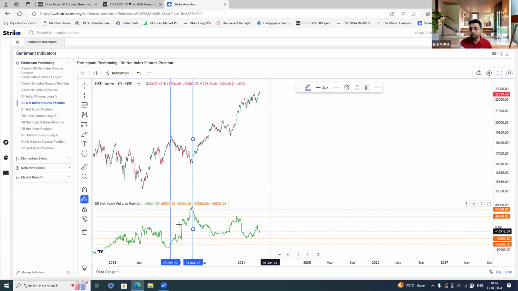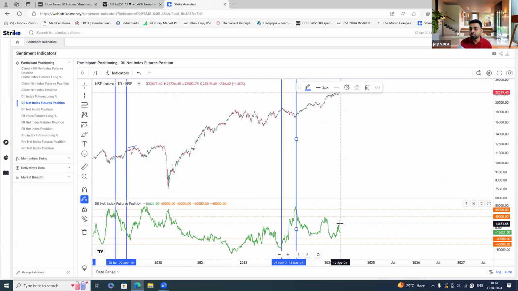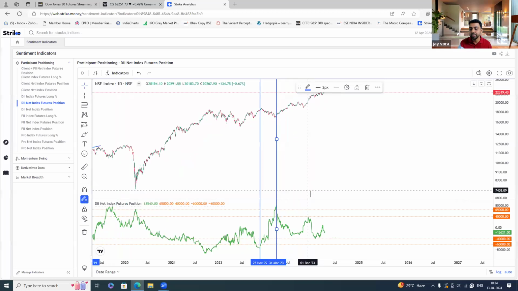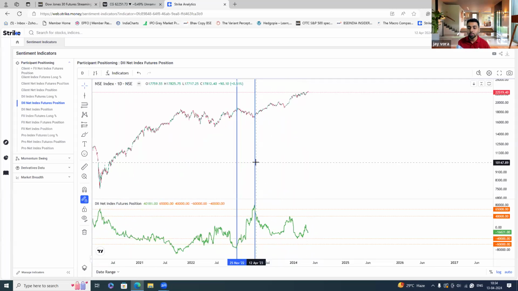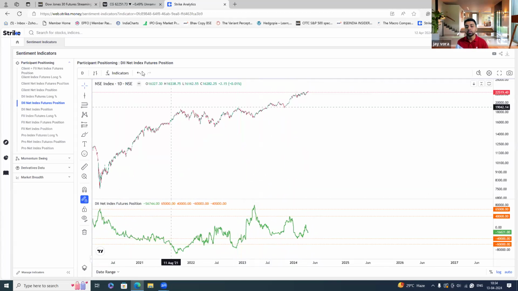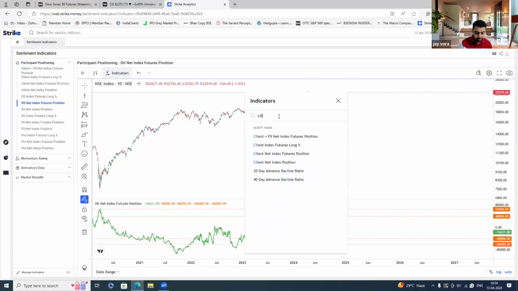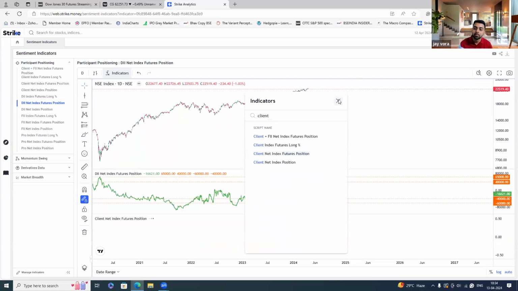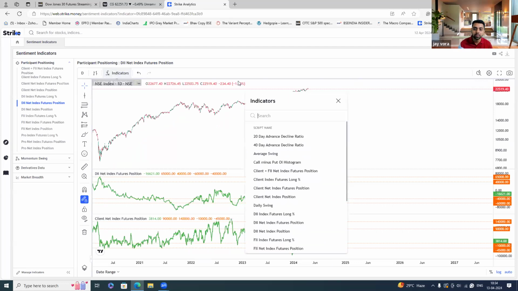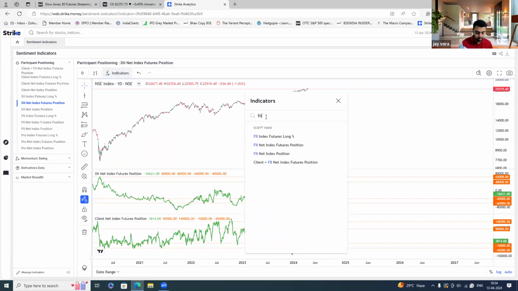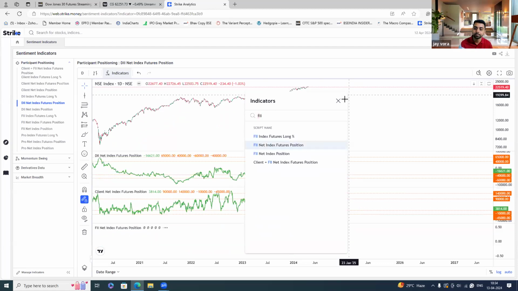And right now, it is not giving indication of anything, but like I told you, when all the three participants come to a point where they reach an extreme, that is a thing where you have to go all out and make it count. Now, let me show you with that example. Second one I'm plotting is client. Third one I'm plotting is FIIs. Okay.